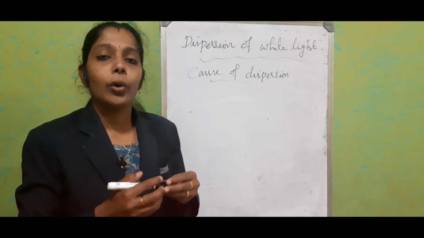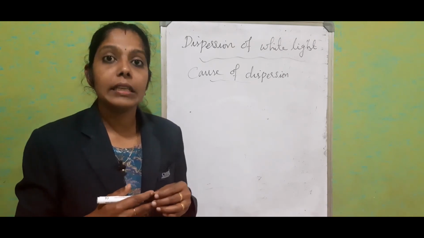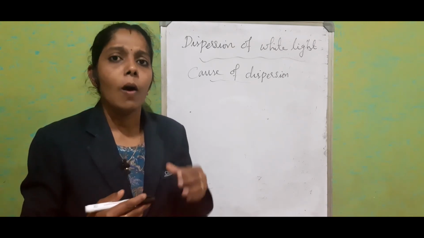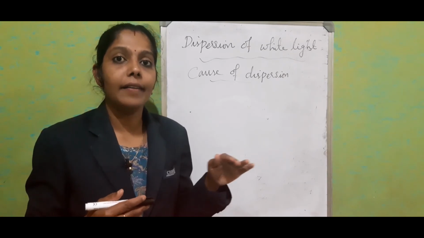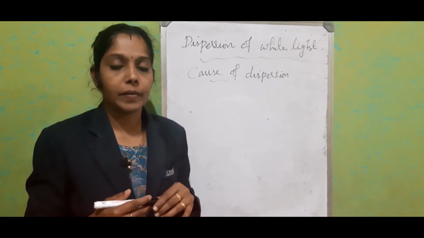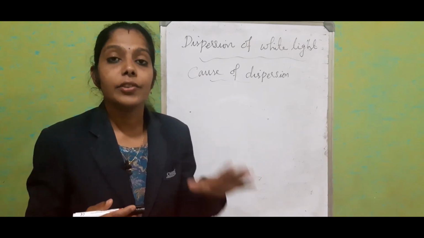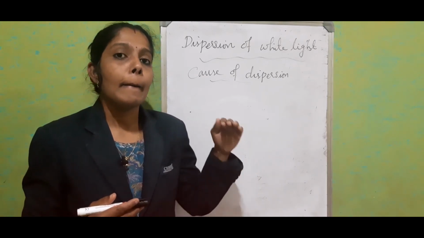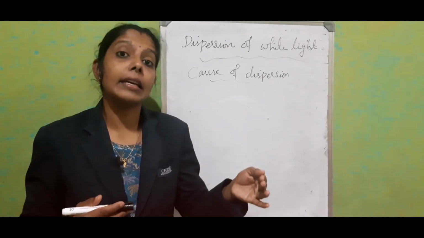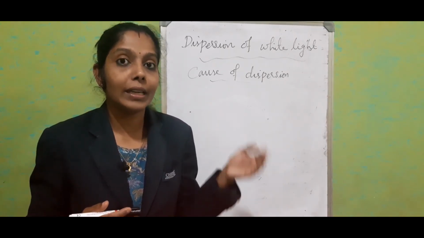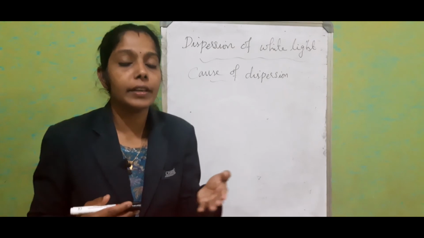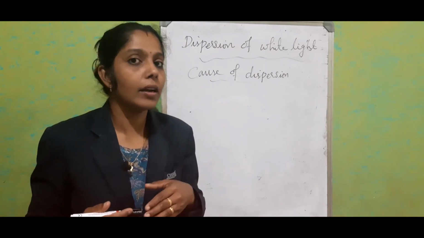Okay. So when the light travels in air or in vacuum, all the colors have the same speed. In air or in vacuum, all the 7 colors travel at the same speed. But when it travels in another medium, we know that the refractive indices of different media are different.